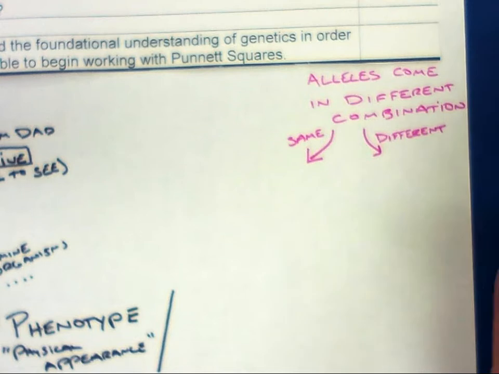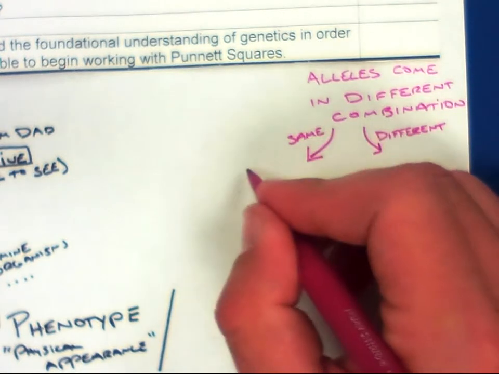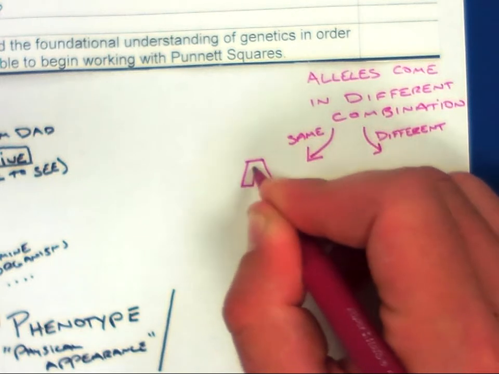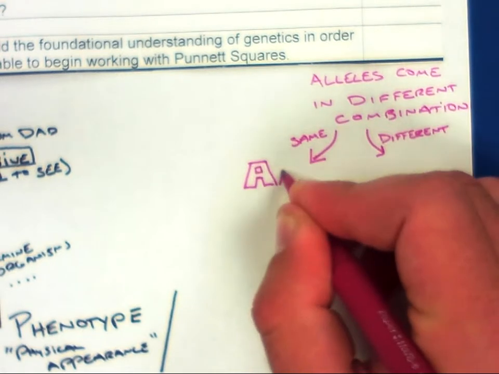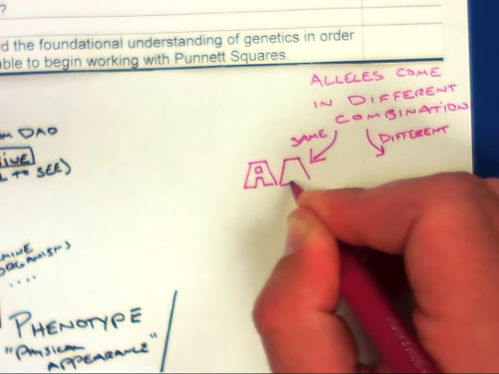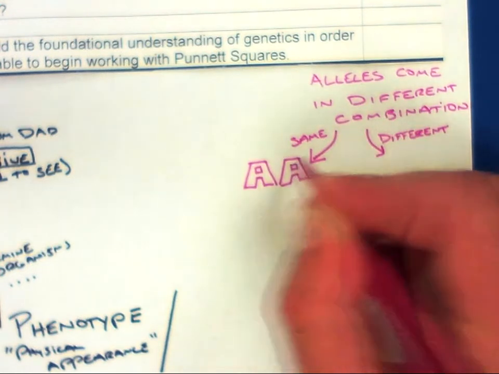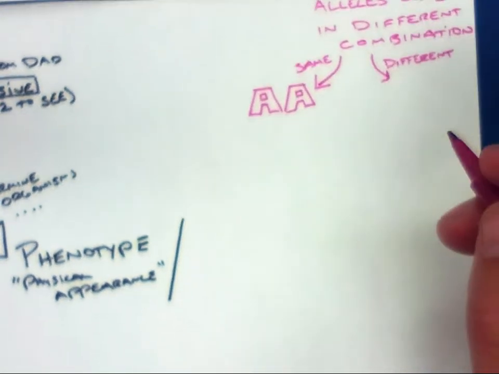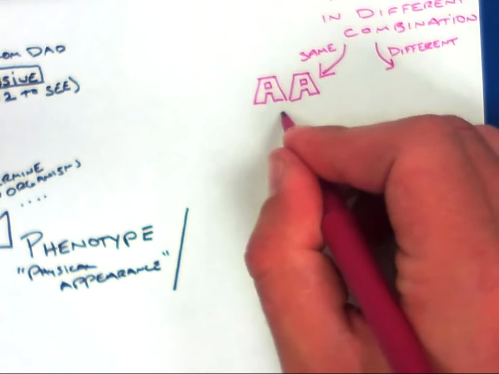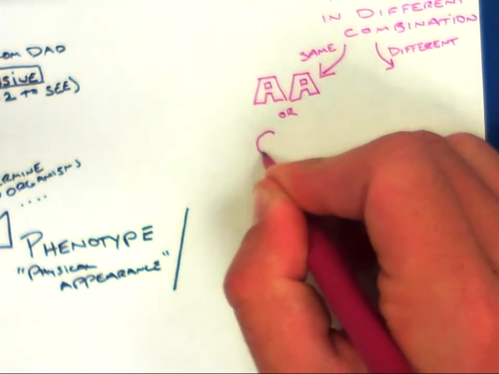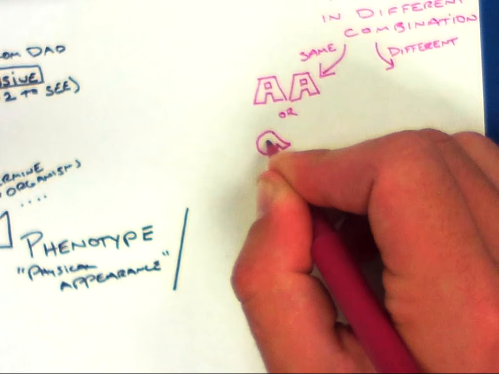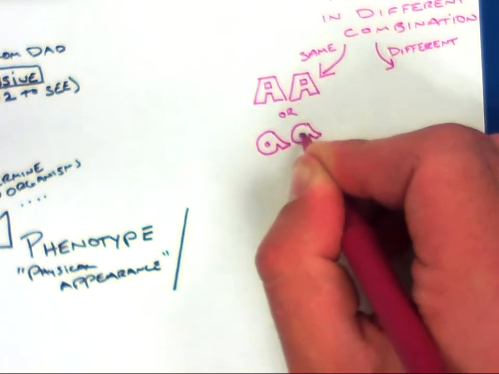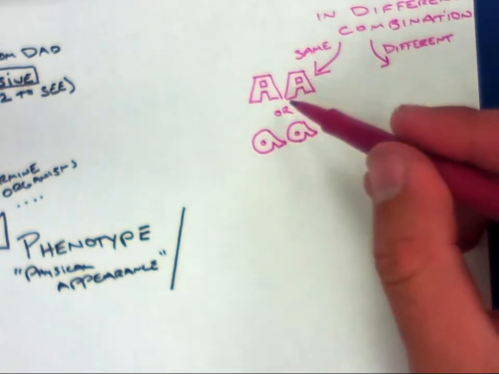If you get two of the same, so if we're still using A's, you'll have two capital A's as an example. Or you'll get two lowercase a's. Both of those are the same letter together.